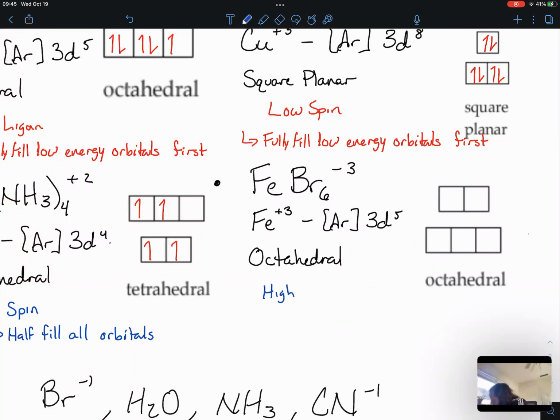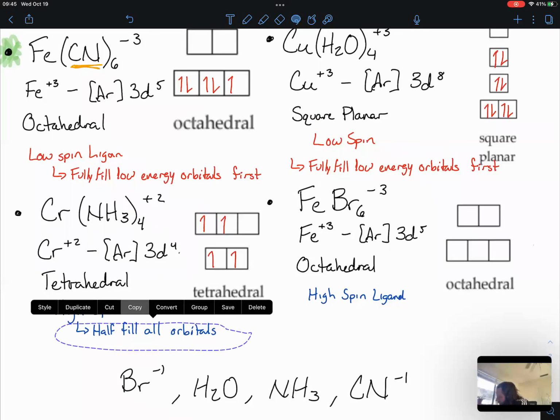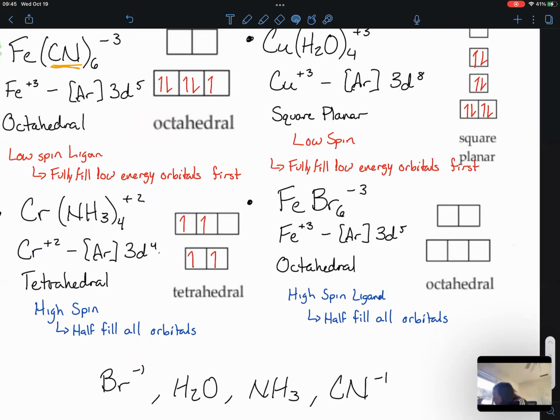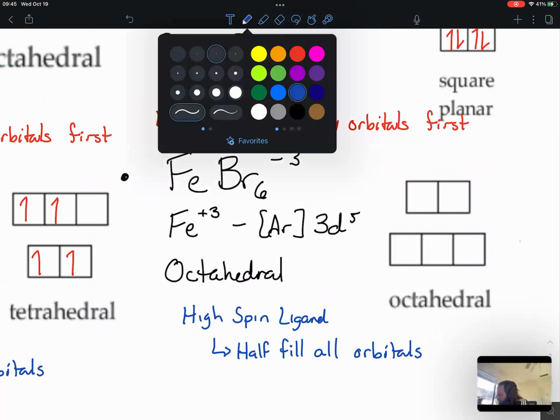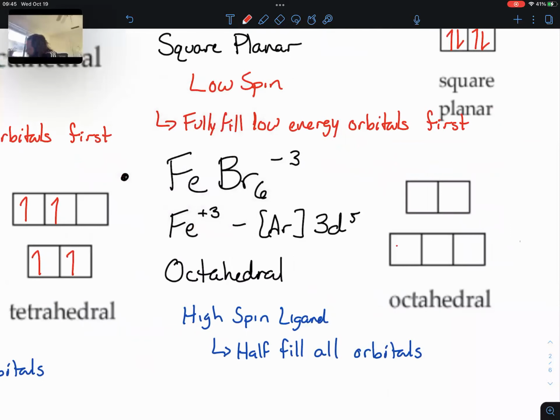We have a high spin ligand, which means just like we saw with our tetrahedral, which was also high spin, we're going to half fill all orbitals before starting to go back and double up. And so in this case, filling in this diagram with 5 electrons, I'm going to go 1, 2, 3, 4, 5, half filling all orbitals first before going back and doubling up.